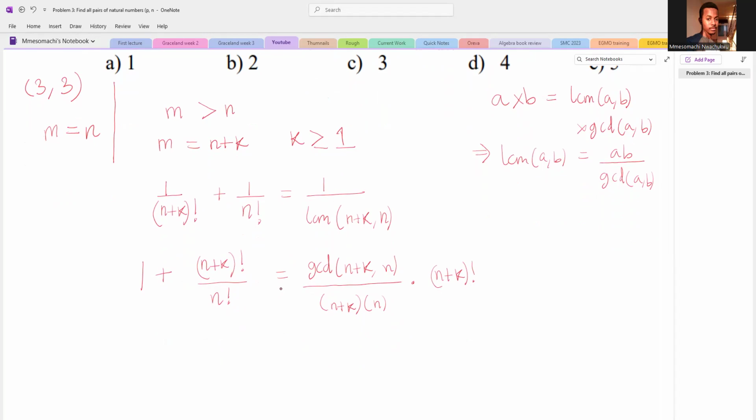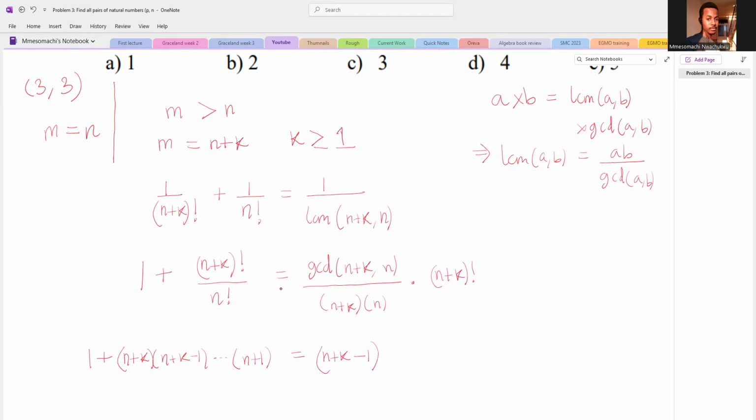Let me scroll down a bit. So what do we have here? We have 1 plus n plus k factorial over n factorial, that's just going to be n plus k, n plus k minus 1, up to n plus 1. And then here, this is going to be n plus k minus 1.